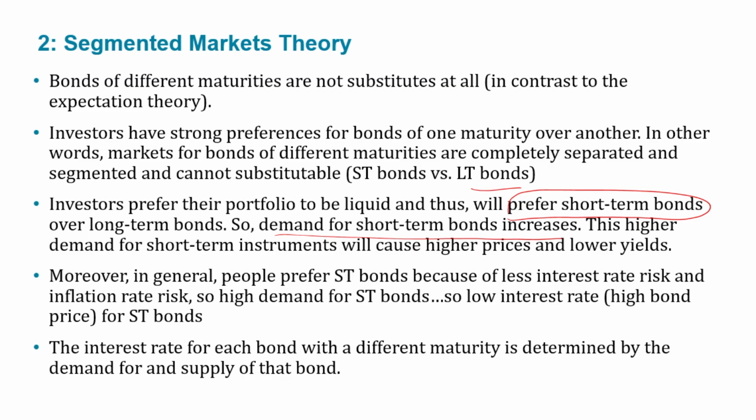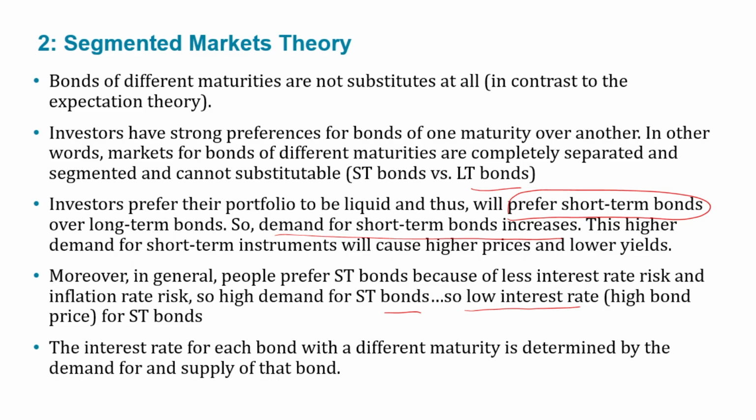So when people prefer short-term bonds because of less interest rate risk and inflation rate risk, high demand for short-term bonds emerges. High demand means high price, that means low rate of interest for the short-term bonds, as I just explained. Similarly, in contrast, for the long-term bonds there will be less demand, that means less price, but a high rate of interest.